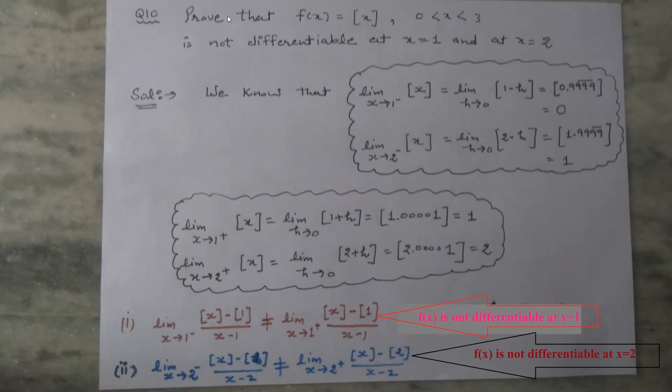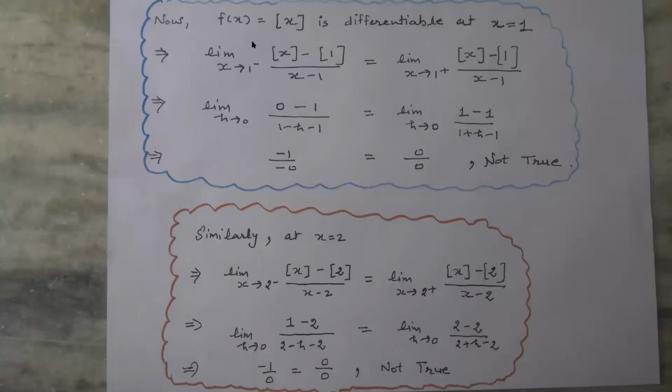So if f of x equal to the greatest integer function of x is differentiable at x equal to 1, it means the left-handed derivative should be equal to the right-handed derivative. For the left-handed derivative, we have solved that the value is 0, so the numerator is 0 minus 1, and the denominator is x minus 1, meaning 1 minus h minus 1.